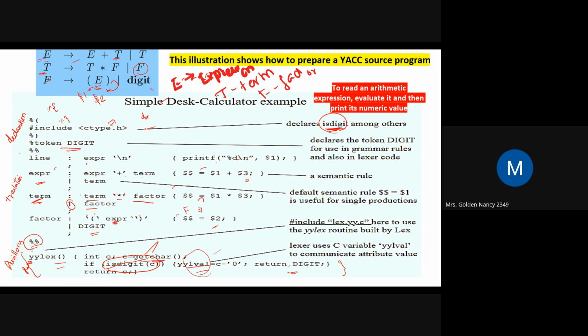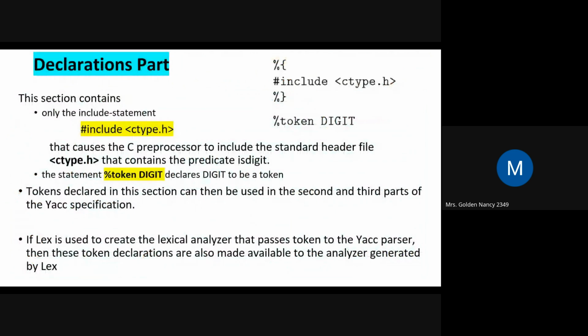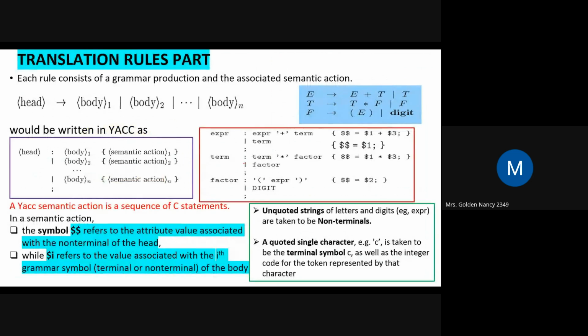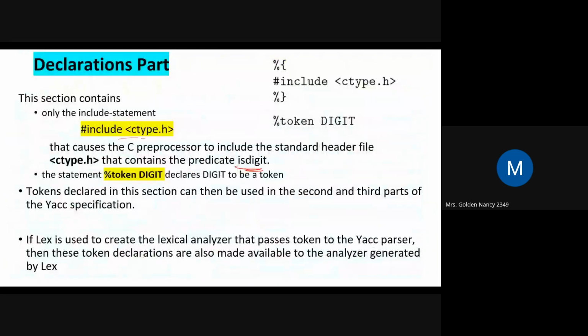The same thing is given as an explanation. In the declaration part, the section contains the include statements. Include ctype.h causes the C preprocessor to include the standard header file ctype.h that contains the predicate isdigit. We are using this isdigit function in yylex, so in order to use it, this header file is included.